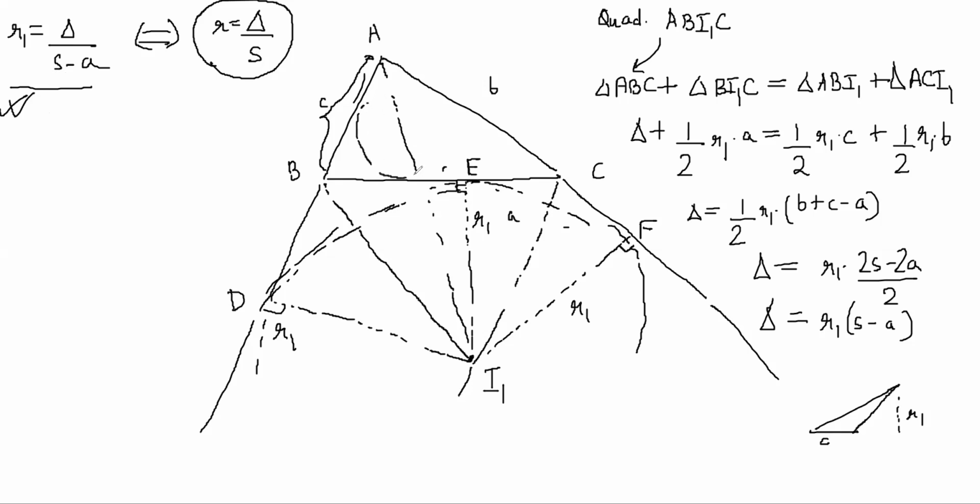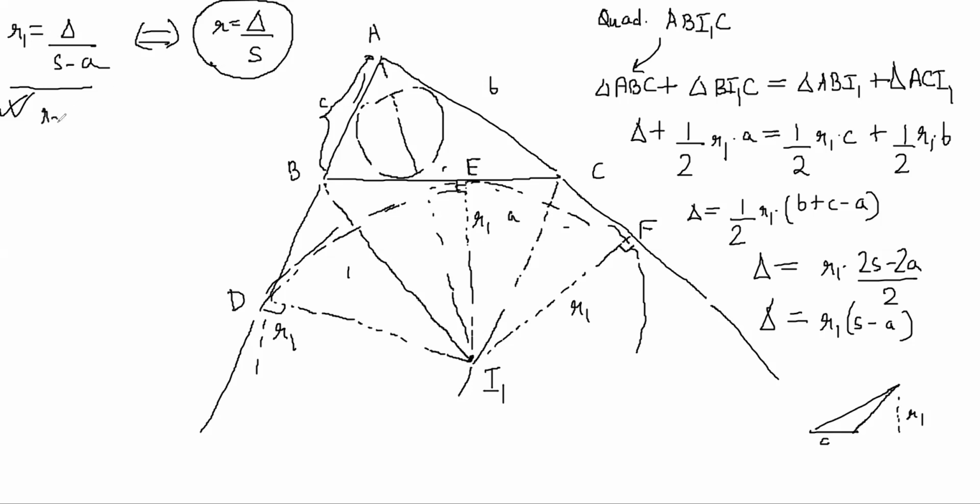The incircle was r, right? The incircle is definitely smaller than this excircle. The excircle looks so big, right? So that is why s minus a instead of s. You understand? And we have done the derivation for r1.